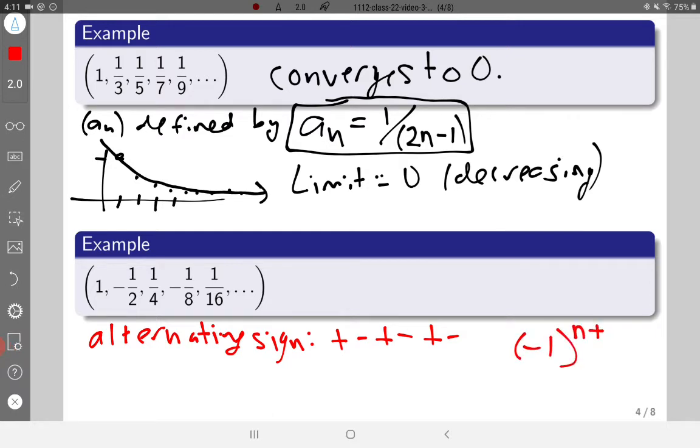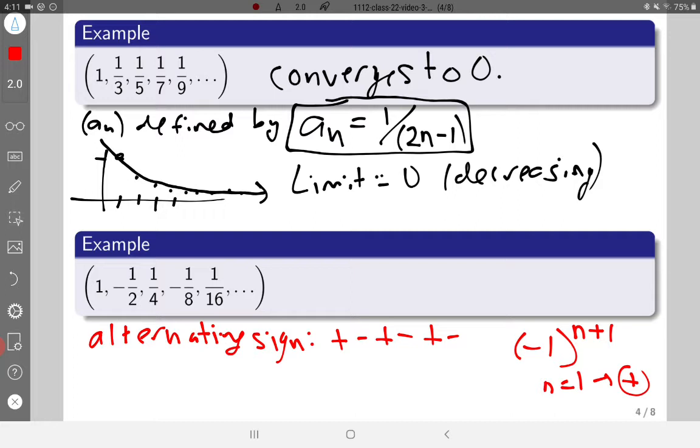And in this case, I'm going to have -1 to the n plus 1, because when n equals 1, the first term of the sequence, I want that to be positive. So -1 squared, an even power. And when n is 2, I want the second term to be negative, so I get -1 cubed. That's negative, that's good. I'm making that pattern match.